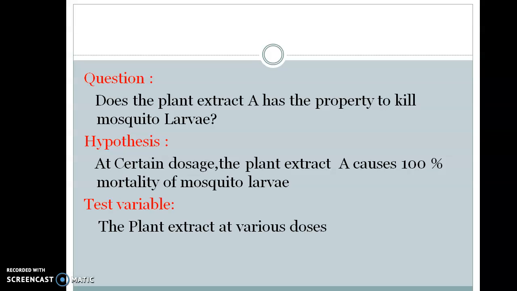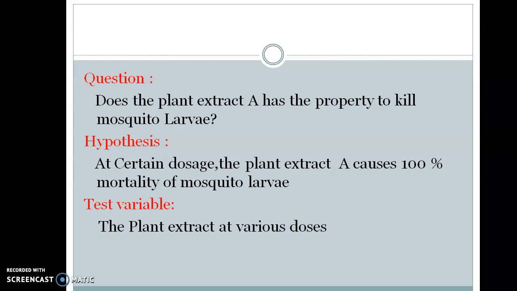I told you in the previous class how we are conducting an experiment, the scientific ways, the schematic representation of a scientific method. We are starting with the observation and defining a problem, and then we are asking questions, and we make a hypothesis. So here we are planning this experiment by asking a question.